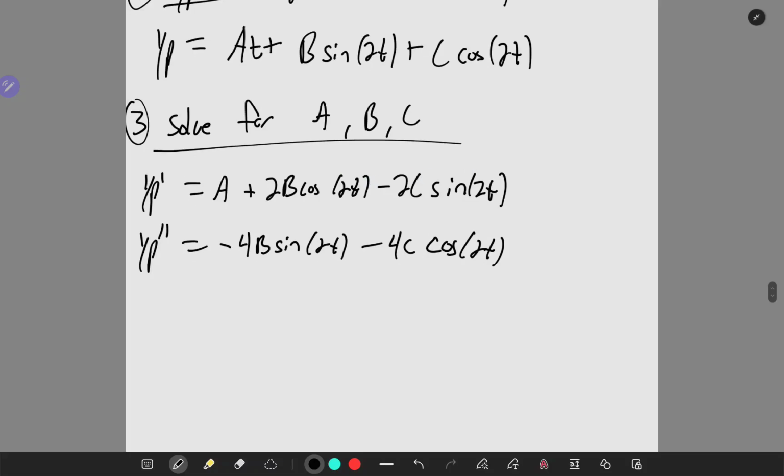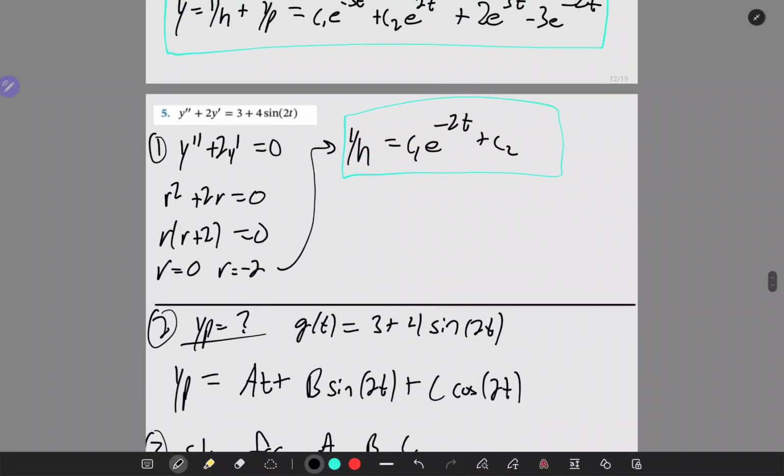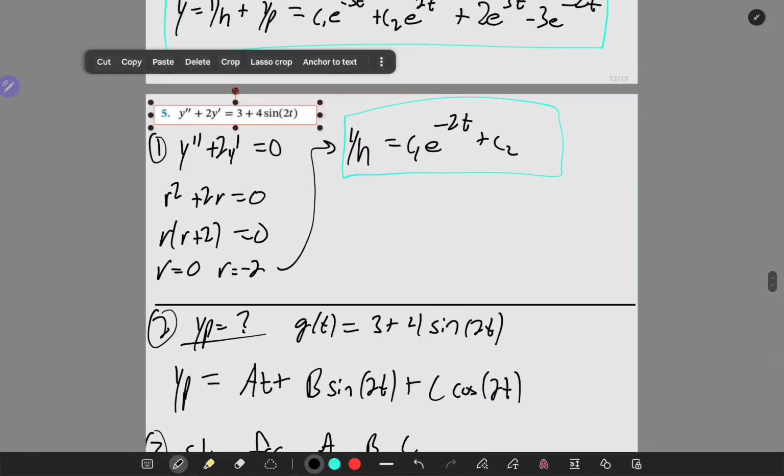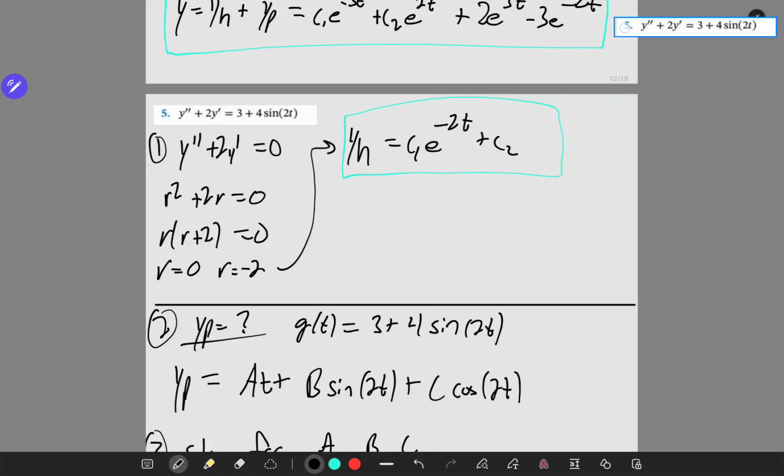Okay, so let's plug these in now for our original equation. So let me go ahead and copy this so I can see it. I can select this here and then pin it like this. So now we can see it up here.